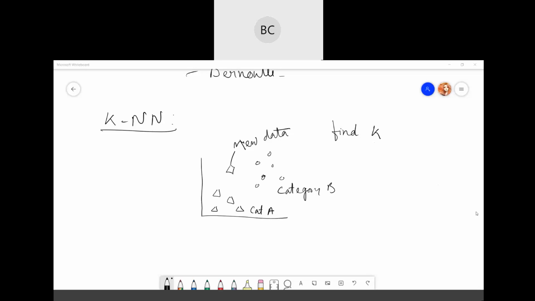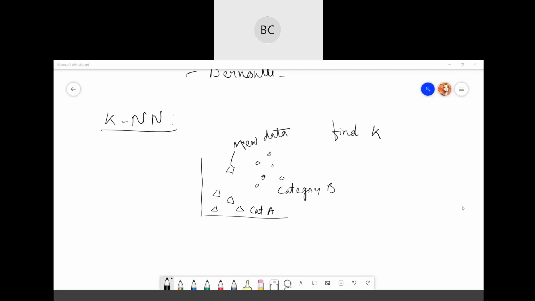There are various techniques through which you can get the K. Some of them are WCSS. But in general, there is no particular way to determine the best K value. You always have to try some values for K, then find the best out of them.